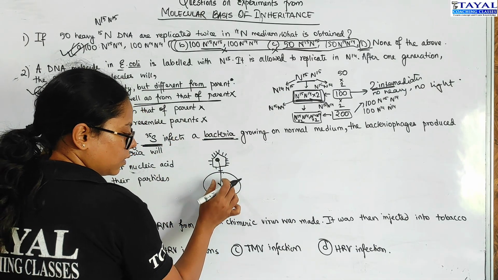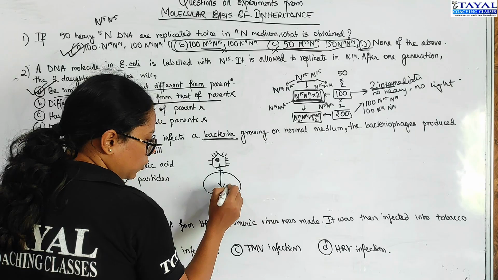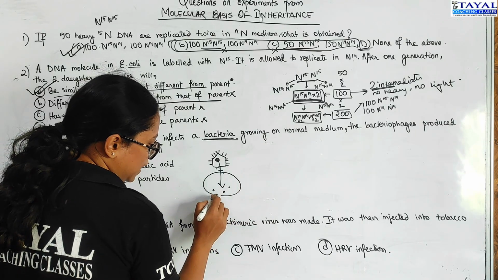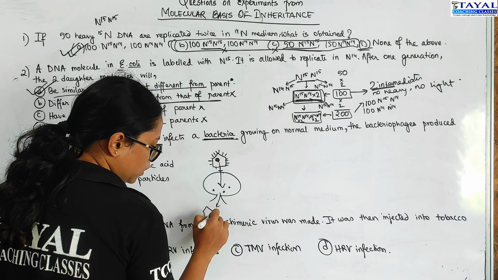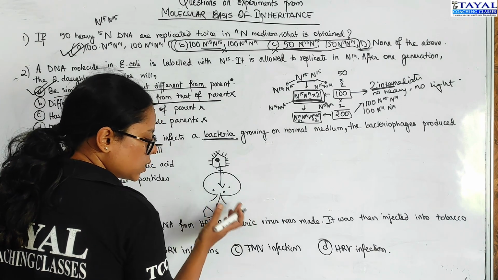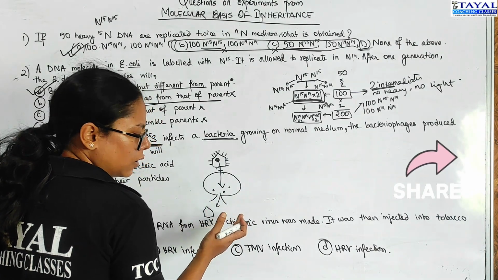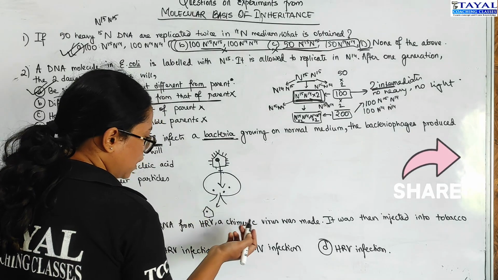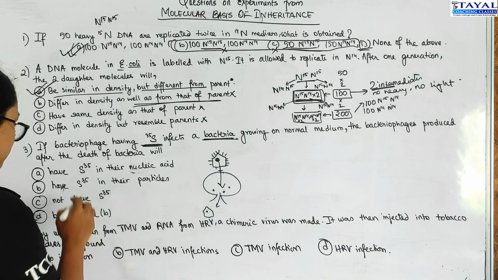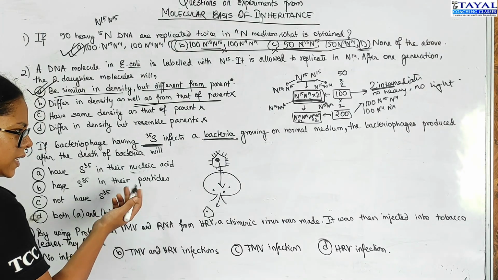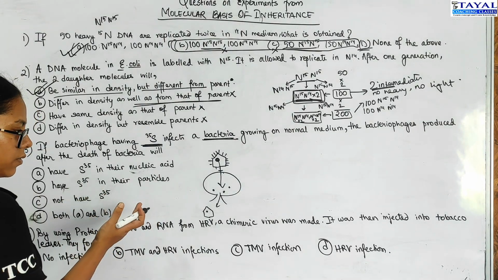Now when they go and make new viral particles, here lysis will happen, and the new bacteriophages that come out, because their DNA was uncoated and their protein is also uncoated, right? So therefore, will they have S35 in their nucleic acid? No. Will have S35 in their particles?